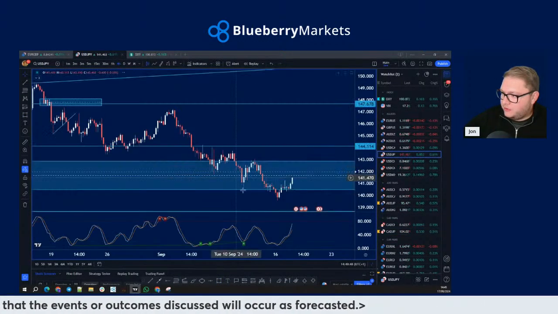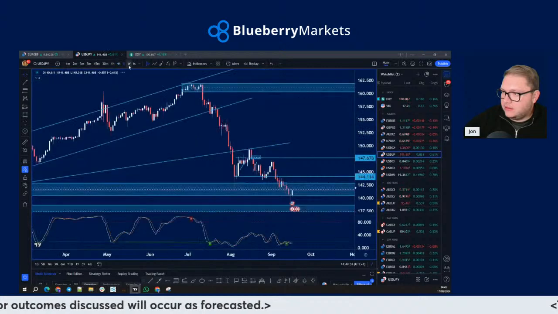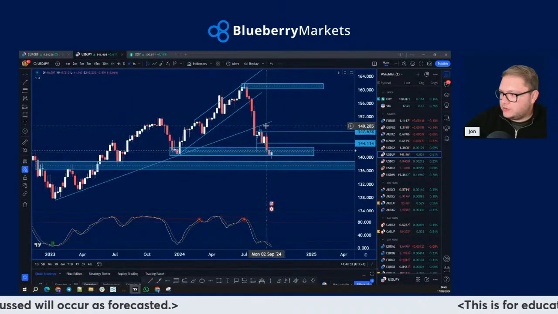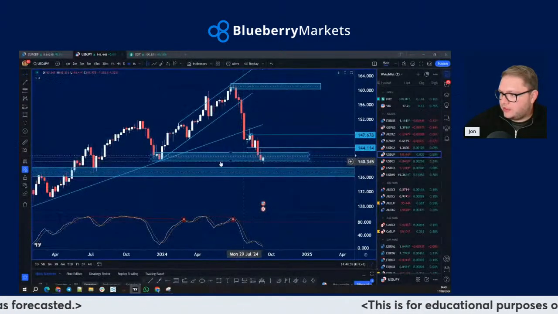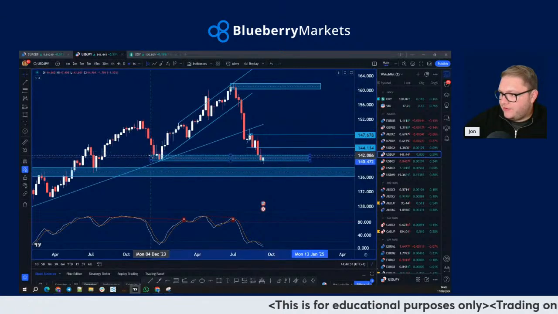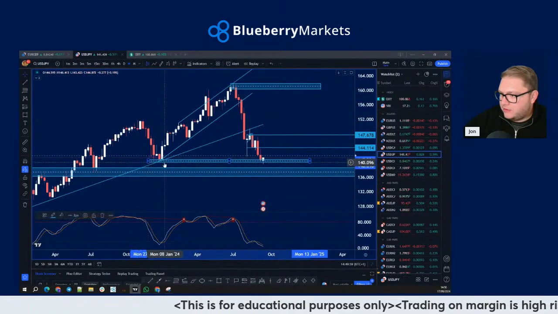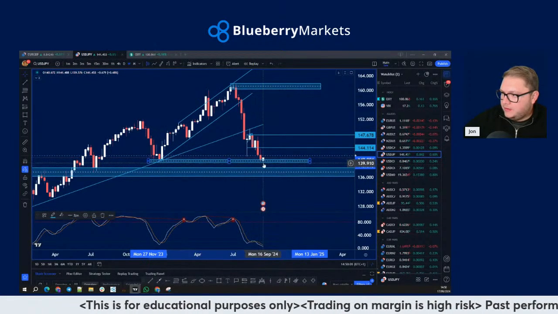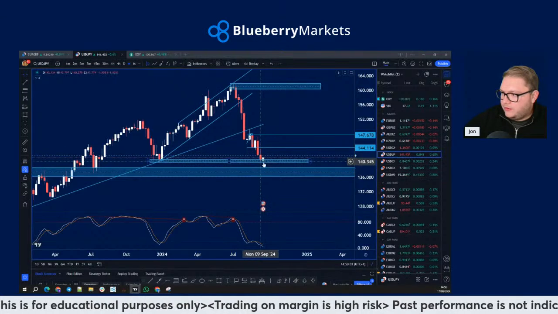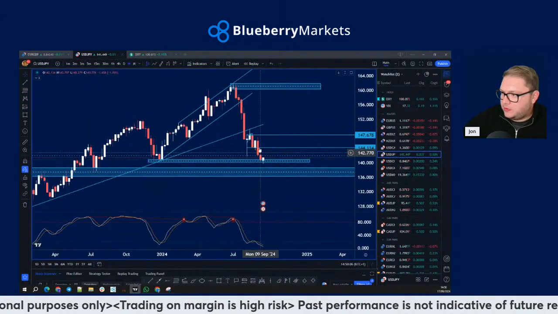My only thoughts are those weekly reports, and if we have a little look at the weekly chart here on dollar yen, we are at a very interesting low. It's this low that formed back in December, and we are trying to find a little bit of support in there.